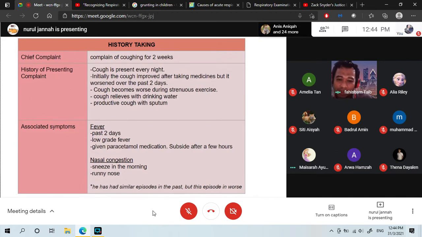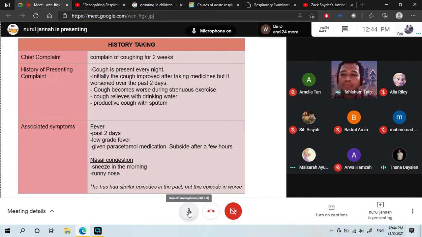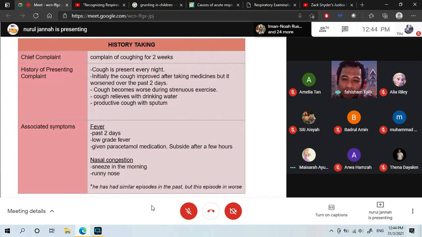Any other triggering factors? Pets. Cold temperature. It should be multi-trigger, not single trigger. One of the things is exercise-induced asthma, but it should be multi-trigger.